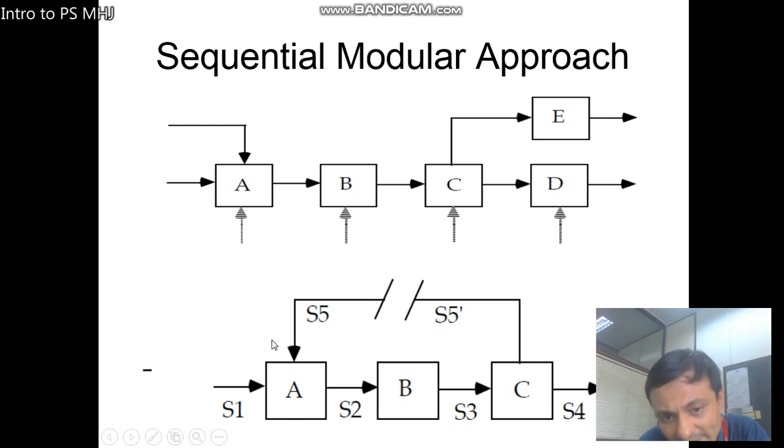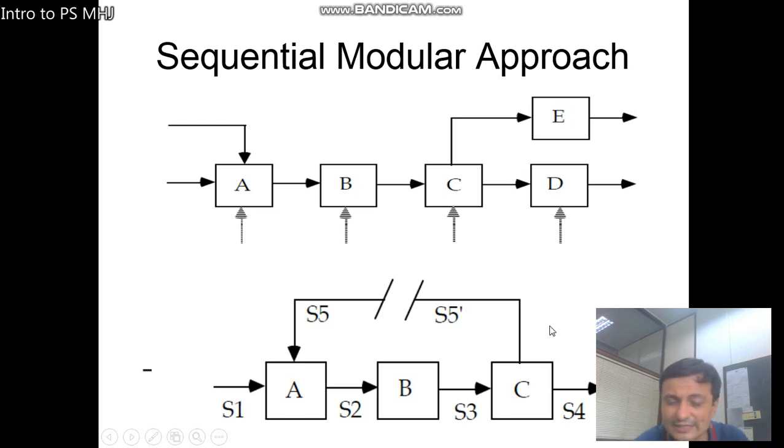So you have to estimate these. S1 is available to you, it generates S2, generates S3, which in turn generates S5 dash and S4. S5 dash and S5 are compared, and when I say that they are the same, I mean they are the same as far as temperature, pressure, flow and composition of both streams are concerned.